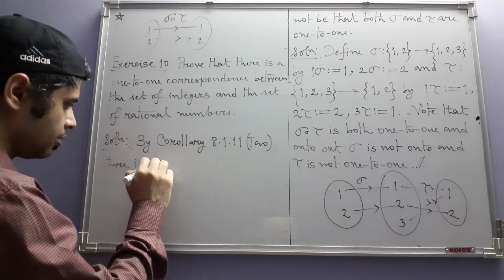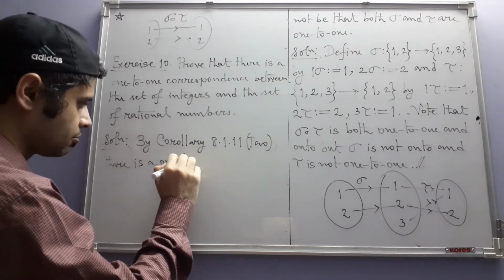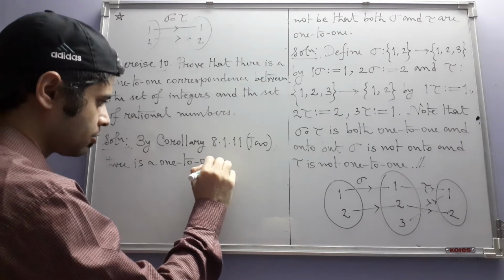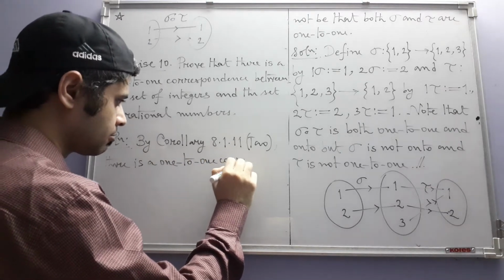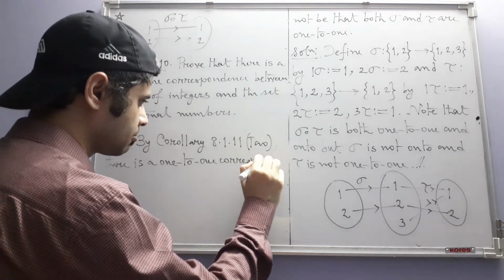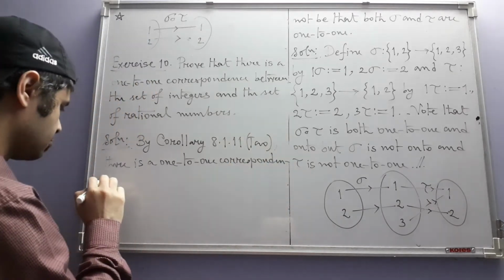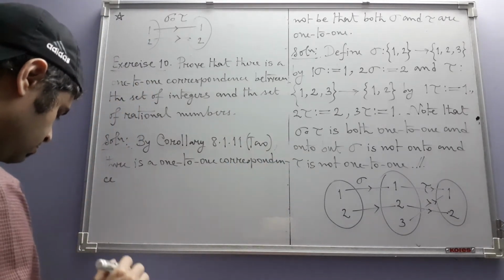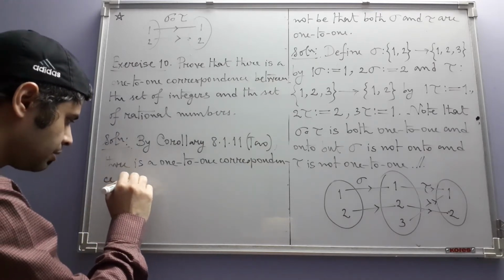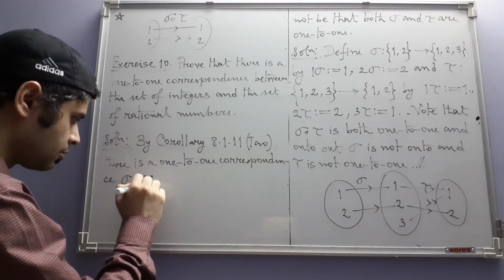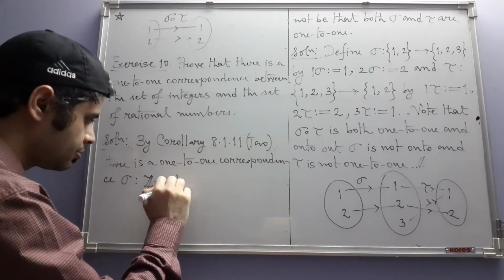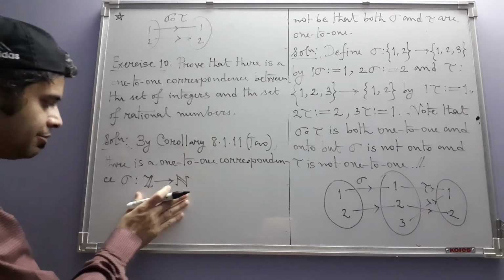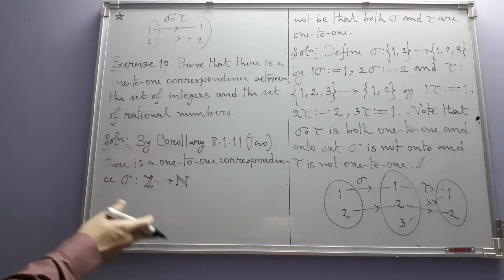there is a one-to-one correspondence sigma from the set of integers into the set of natural numbers. It's not very difficult. This, in fact, we can show here itself.